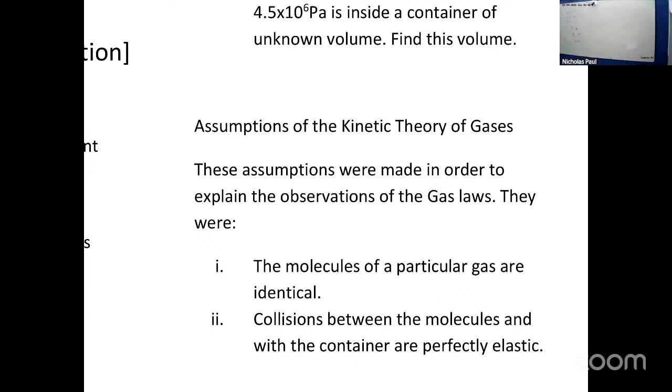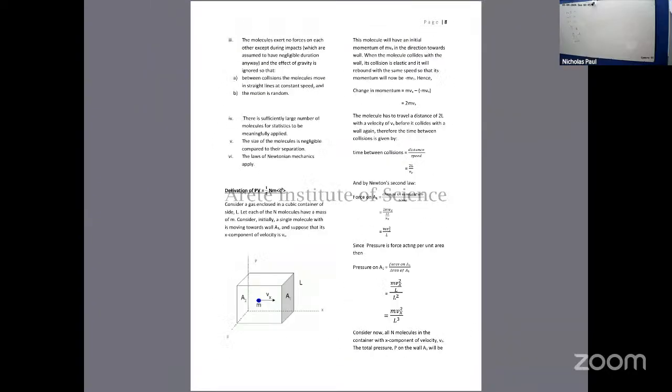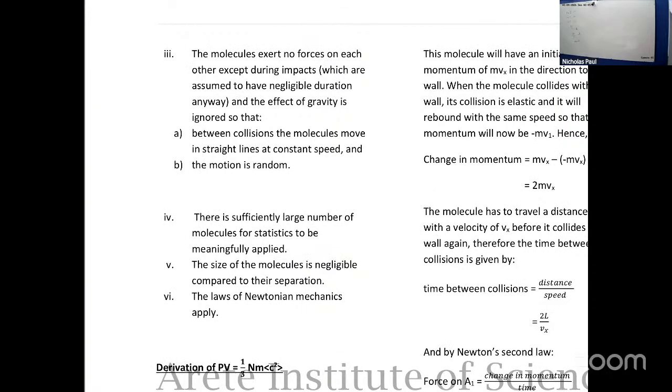Right? Assumptions of kinetic theory, we know this already, right? These assumptions are: the molecules are identical, and collisions between them are perfectly elastic. Remember those ideal assumptions? The molecules exert no forces on each other except during impact, which is assumed to be negligible anyway.